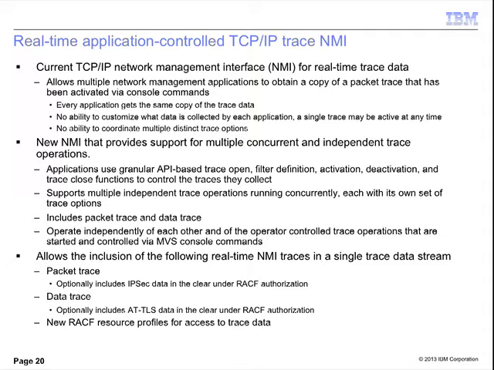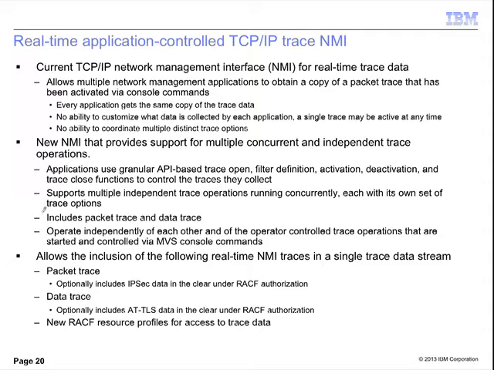It sounds familiar because we've had for a number of years a real-time TCPIP trace NMI. The change here is the insertion of the words application controlled. The great thing about this one is that it supports multiple independent operations running concurrently with their own set of trace options.